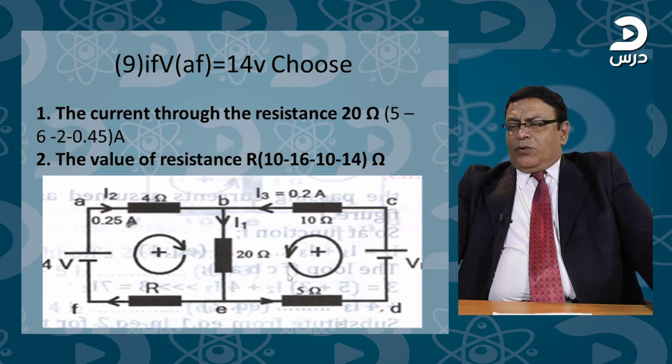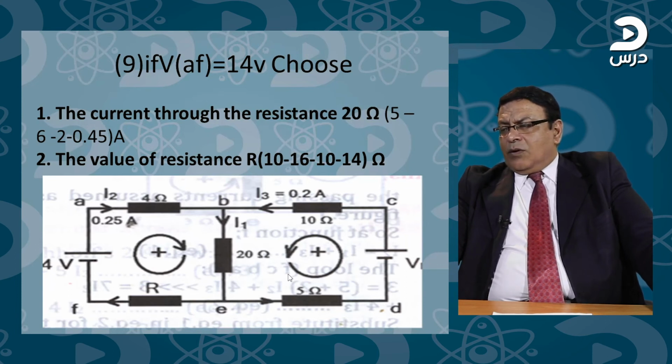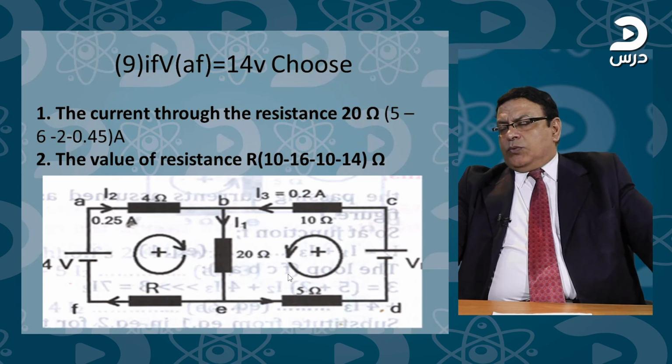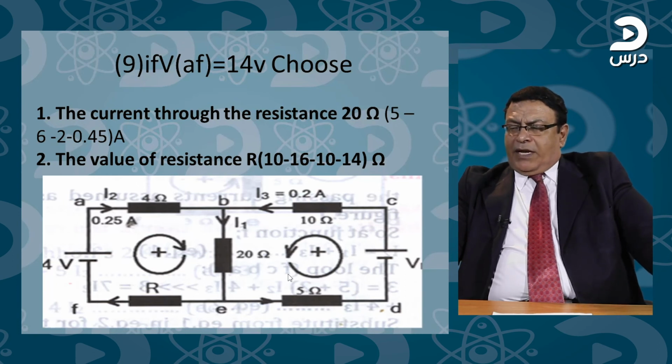The current passing through the resistance 20 ohm, is it 5, 6, 2, or 0.45 ampere? And the value of R, is it 10, 16, 10, or 14 ohm? Let's see. We have 2 loops. We take the first positive loop clockwise and the second anti clockwise so we can find the current passing in 20 ohm.